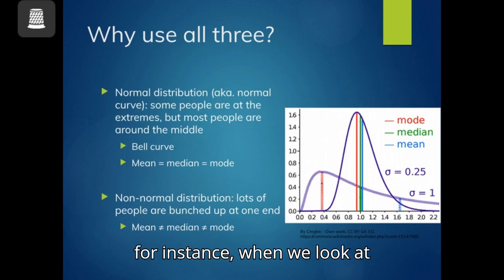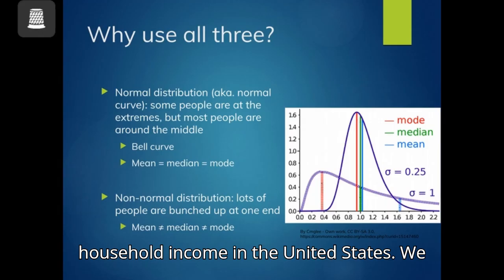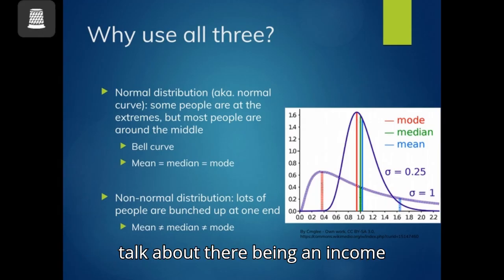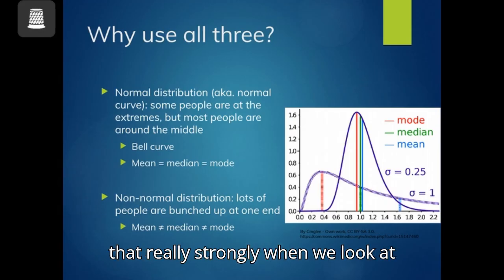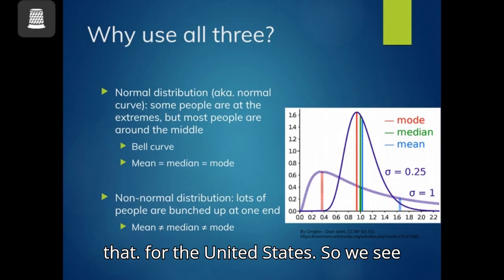So we see this, for instance, when we look at household income in the United States. We talk about there being an income disparity or a wealth gap, and we see that really strongly when we look at the United States.